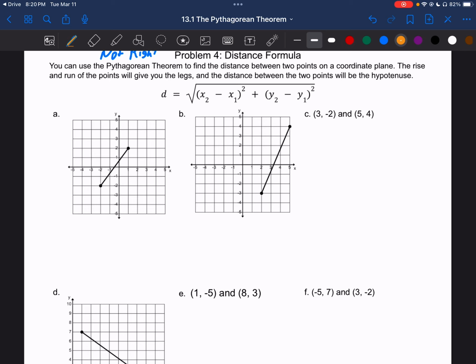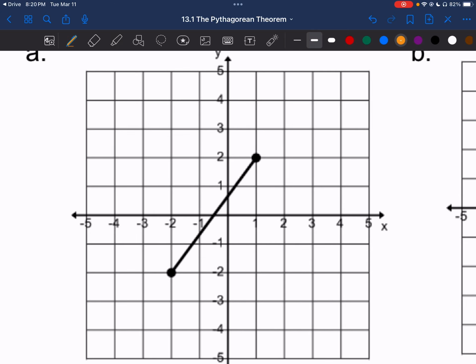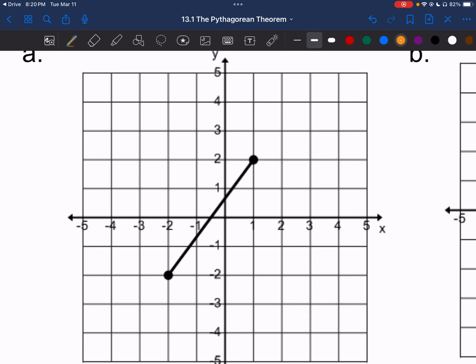So let's look at letter A, right? If we're going to use this, we've got the coordinate plane, and you can see that forms a right angle right there. So the amount we're going up, 1, 2, 3, 4. The amount to the right, 1, 2, 3. All right, so now we're going to just do that math. We have a triangle here.